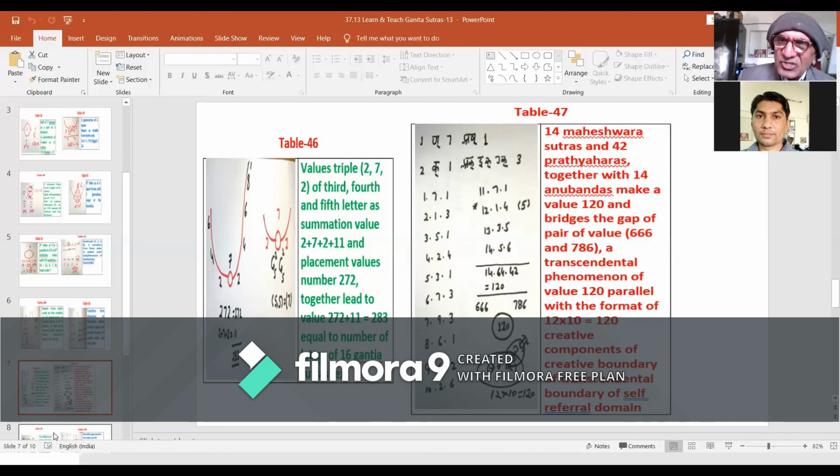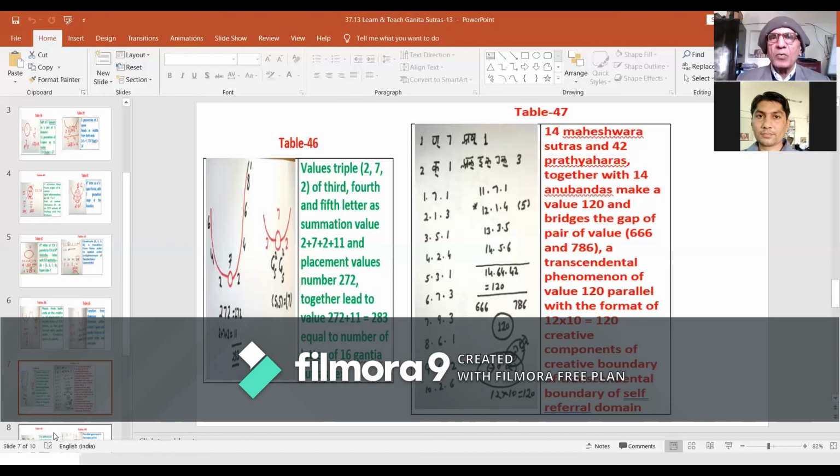And as such, the Vedic mathematical domain with Ganita Sutra 1 as the source sutra is having blissful attainment, and it is this attainment which gives us satisfaction of learning and teaching Vedic mathematics of the Ganita Sutras.